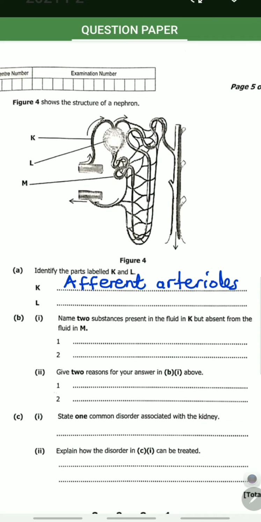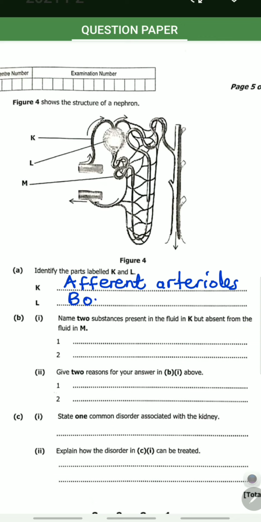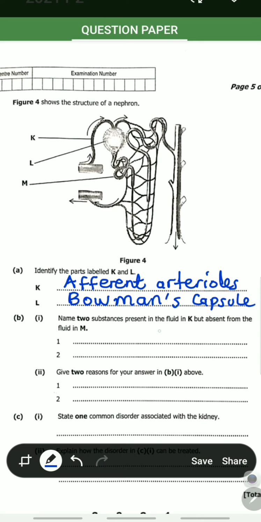Then L is the Bowman's capsule. Name 2 substances present in fluid K here, but absent from the fluid in M.